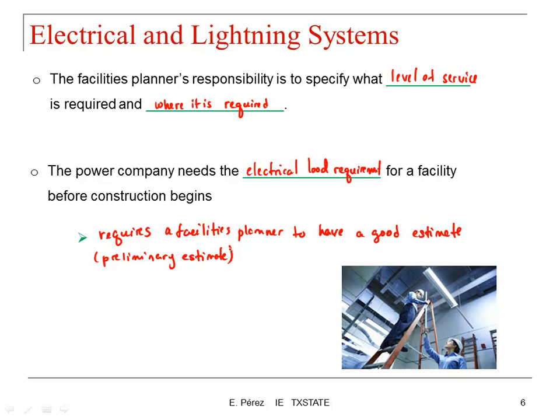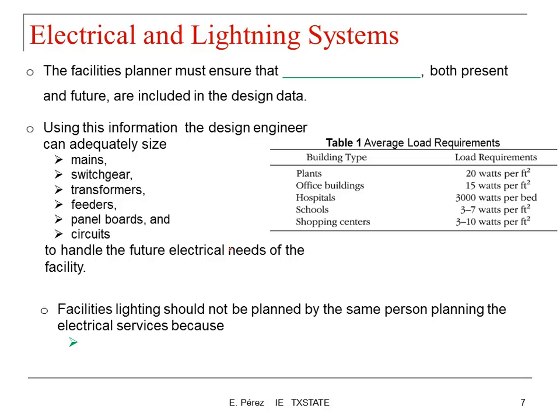And that will involve several things. The facilities planner must ensure that the major load requirements for both the present and the future are included in the design data. So this is not just designing for right now. You also need to take into account the future plans for the company.